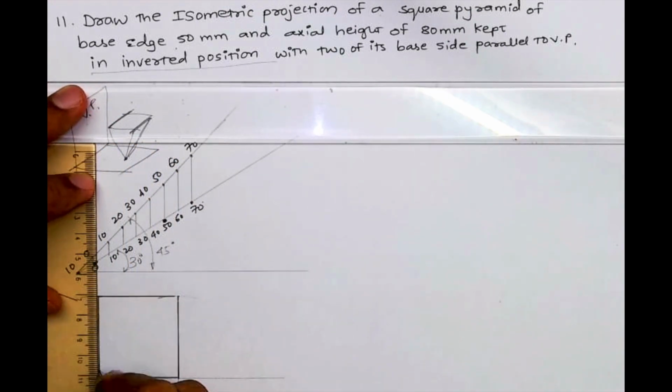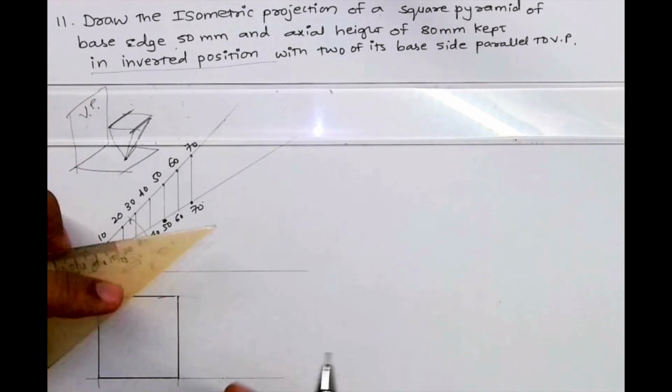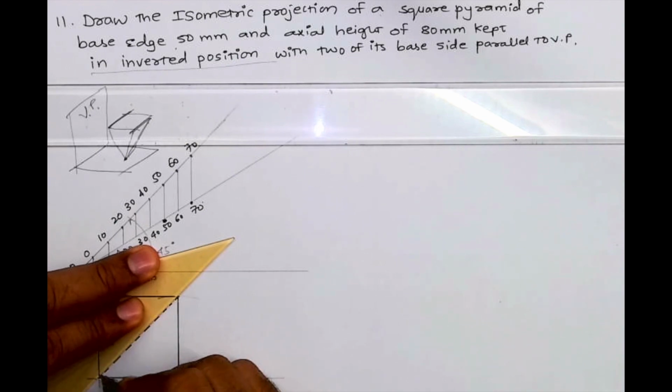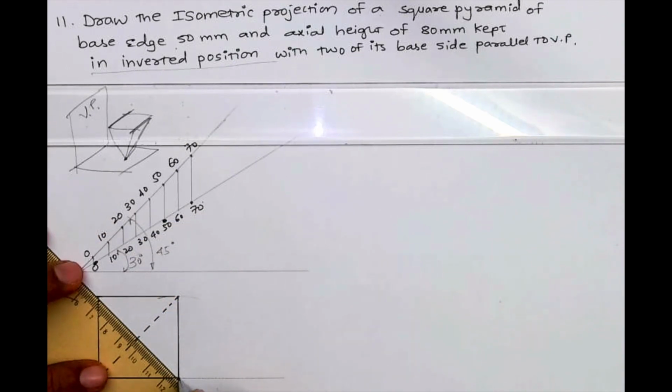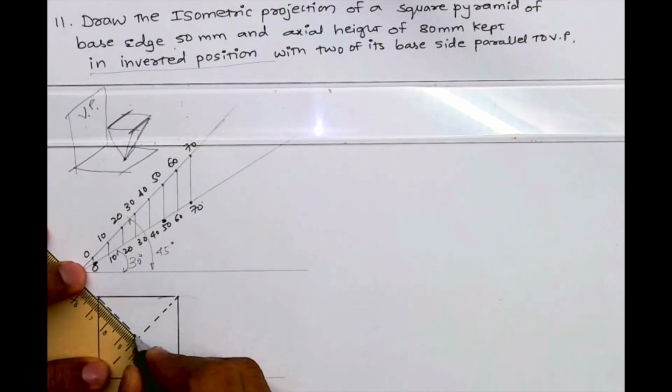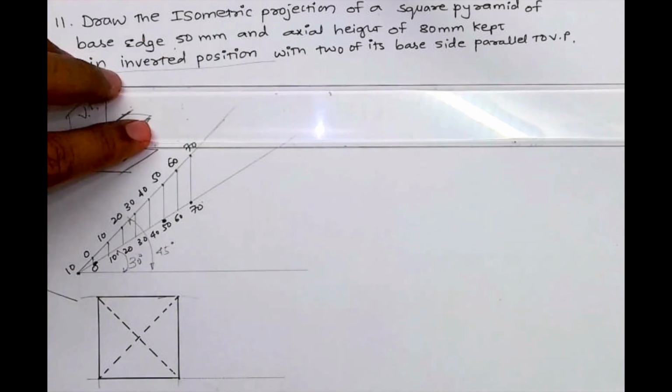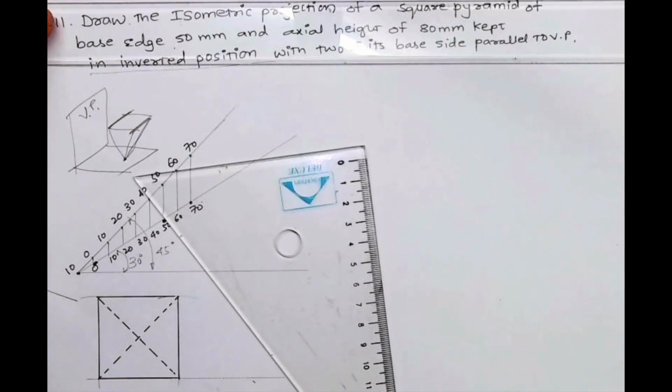So we are done with the helping figure. If you want, you can draw a dotted line also to show it's an inverted square pyramid. When you see from the top, it will appear like this. It's optional. Otherwise, you can draw only the square if you want.